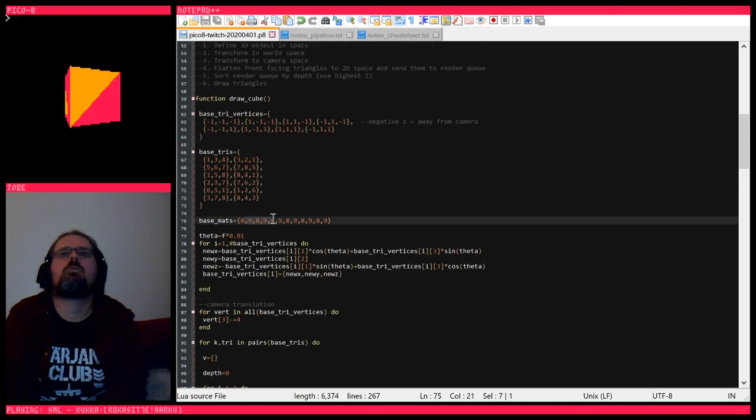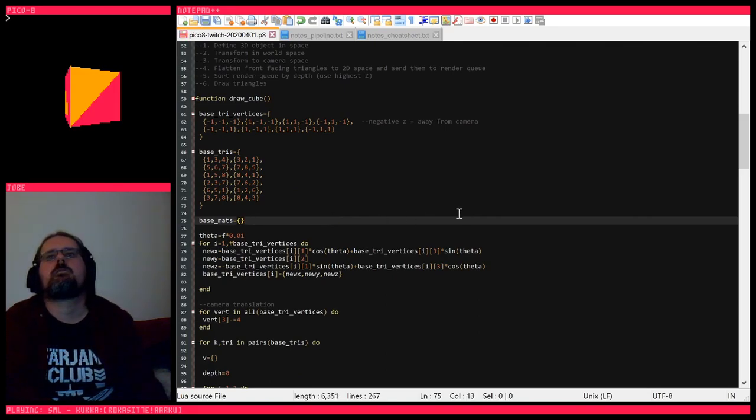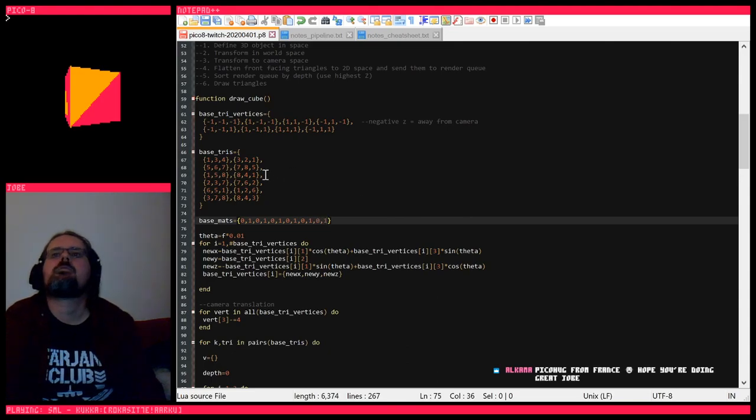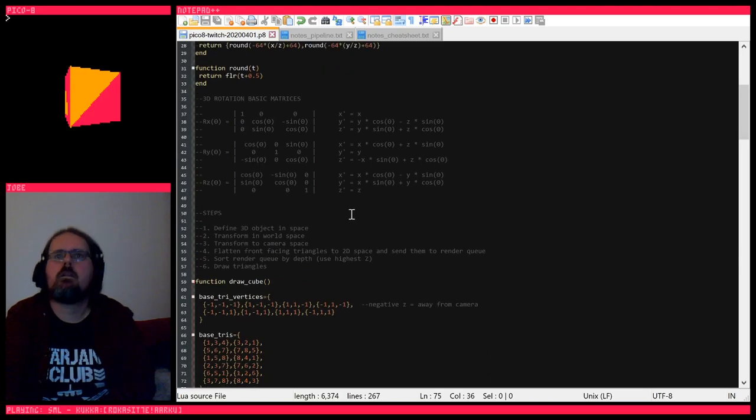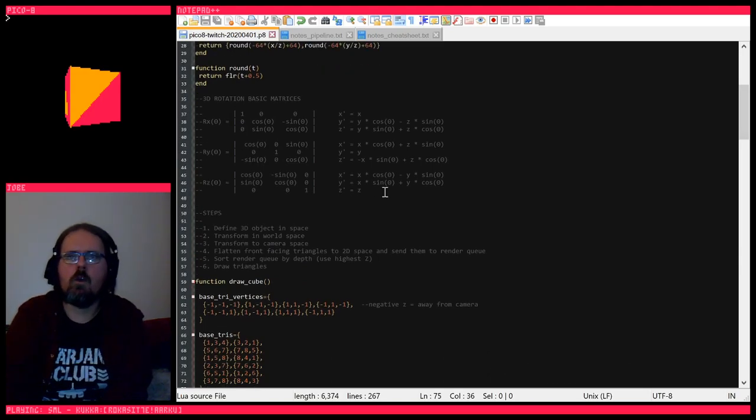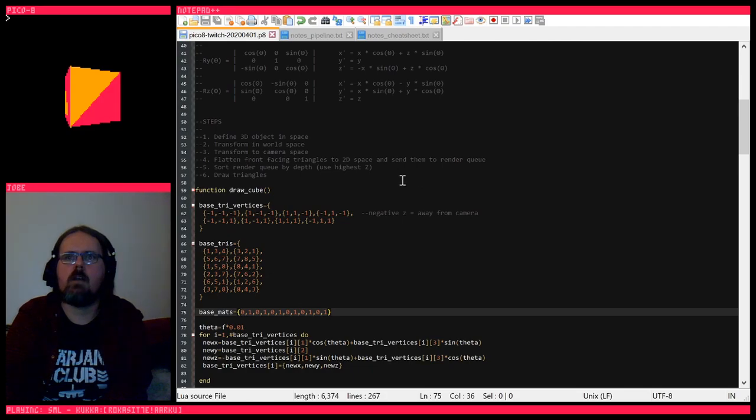So now we're going to be using materials, these materials instead. So that should now be 2, 4, 6, 10, 12. So now we're going to need the normals of the triangles.